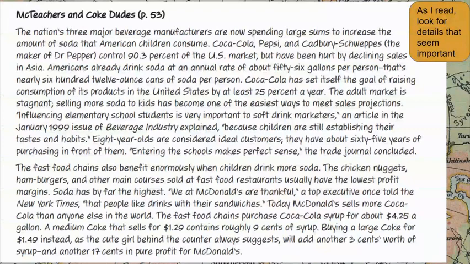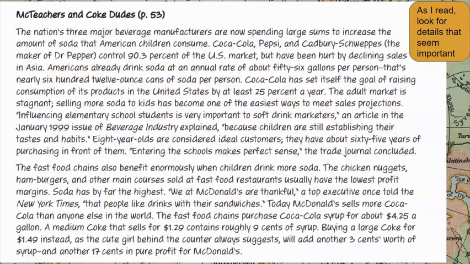Coca-Cola has set itself the goal of raising consumption of its products in the United States by at least 25% a year. The adult market is stagnant. Selling more soda to kids has become one of the easiest ways to meet sales projections.